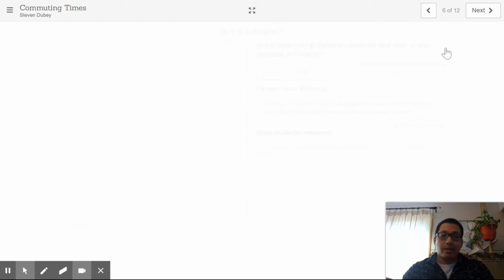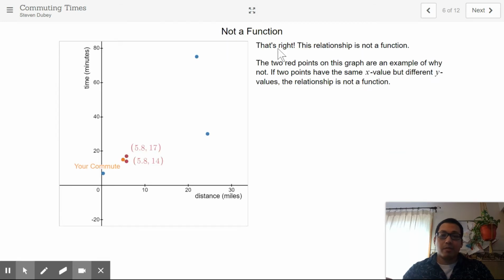And if you answered that, I think on the next screen, I'll say that's right. This relationship is not a function. Take a look, here's an example of why it's not a function. Both of them live 5.8 miles away, but on one day it took 17 minutes to get to school, and on the other day it took 14 minutes.